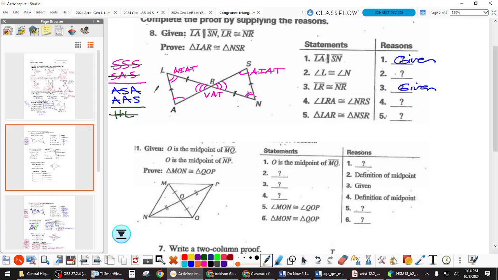Y, R, L, and N congruent. Alternate interior angles, good. Okay, LRA, so I'm just on step 4 now. LRA, NRS, so why are those two congruent?